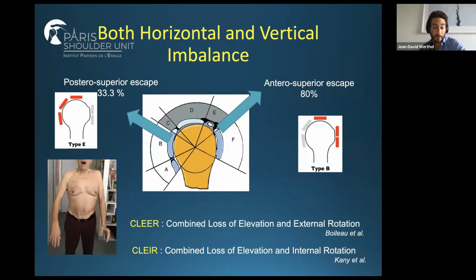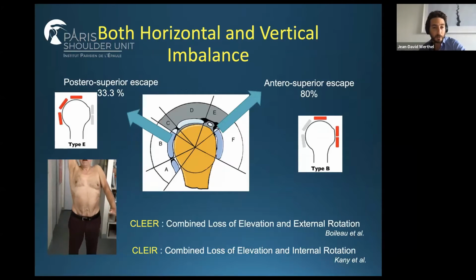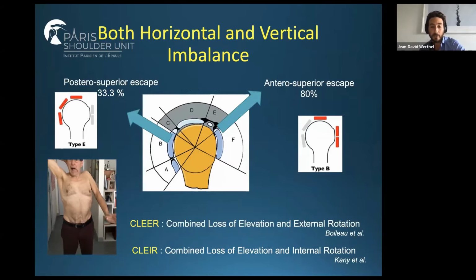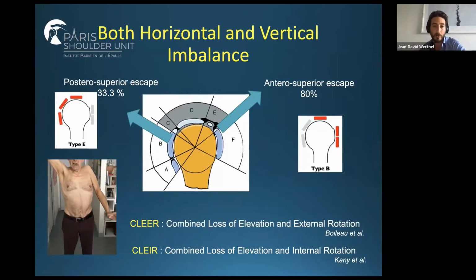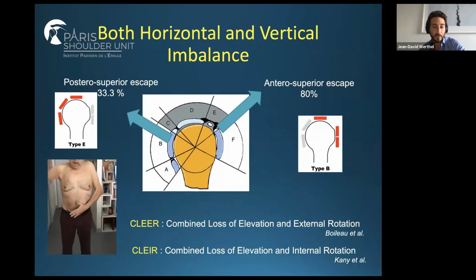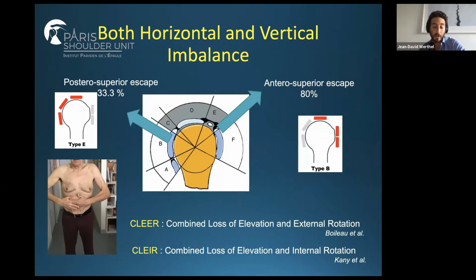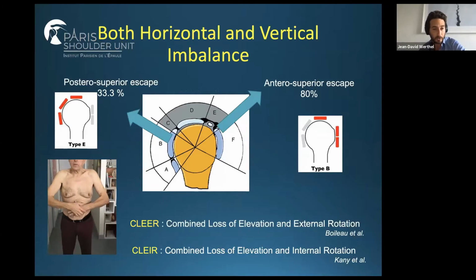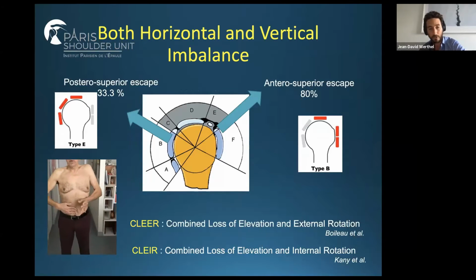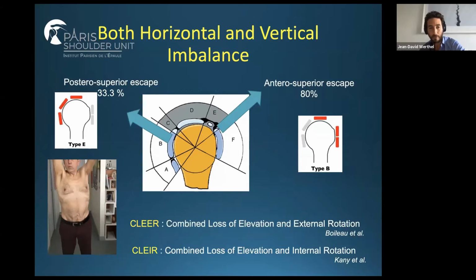These imbalances can be combined, in both the vertical and the horizontal plane. You can see this gentleman on the left. He has lost his vertical balance because he has no more anterior elevation. He's trying to elevate the arm, but he's pseudo-paralytic.